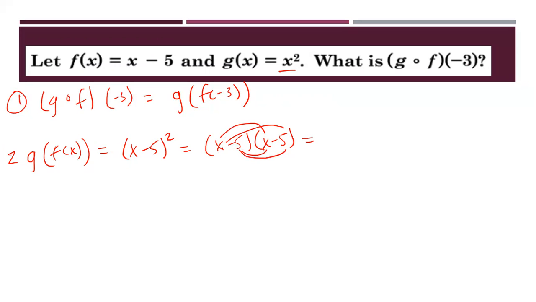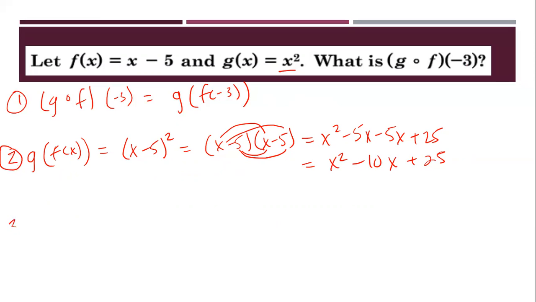First terms, outside terms, inside terms, last terms. So we get x squared minus 5x minus 5x plus 25. And that equals x squared minus 10x plus 25.